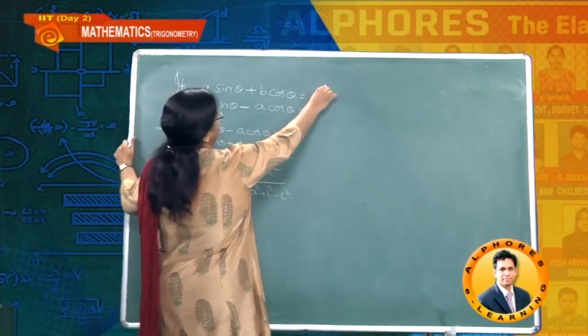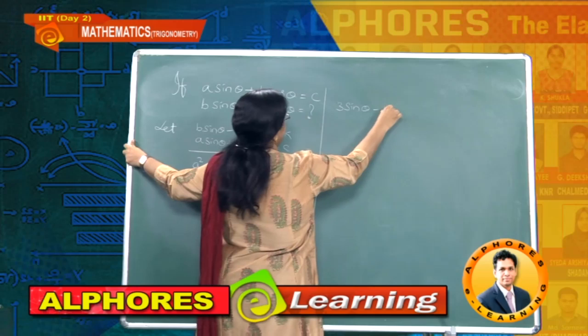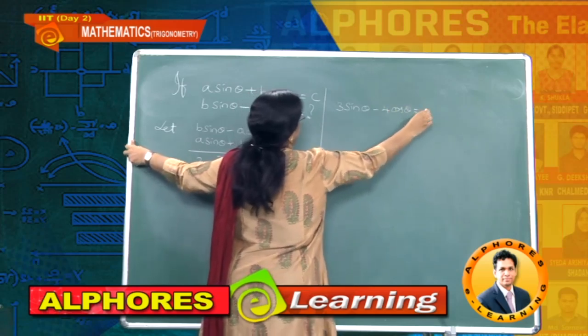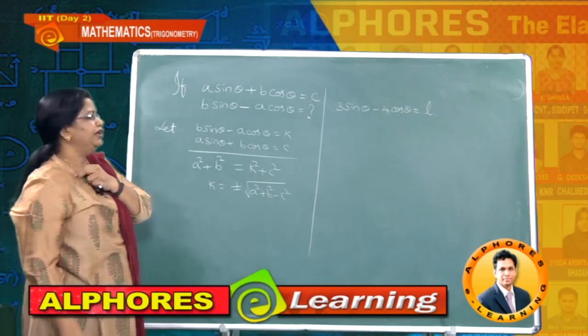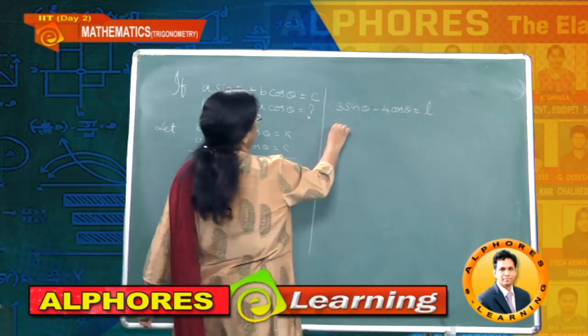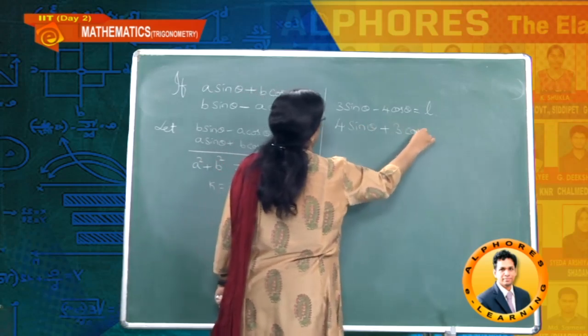For example, if I give 3 sin theta minus 4 cos theta equal to some value L. Okay. Now this is L given. Now the question I can ask as 4 sin theta plus 3 cos theta equal to how much?